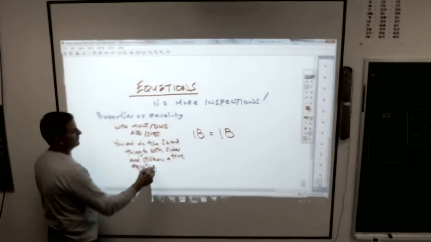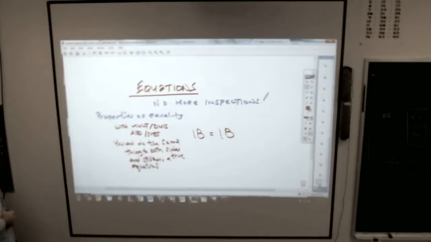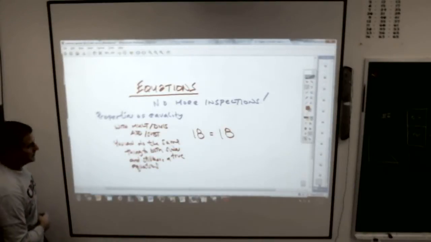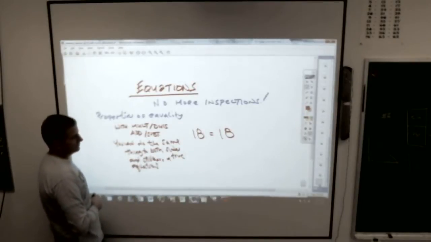I'll let you write that down, and then we'll talk about how that's going to sink into you. You can do the same thing to both sides of an equation and still have a true equation.